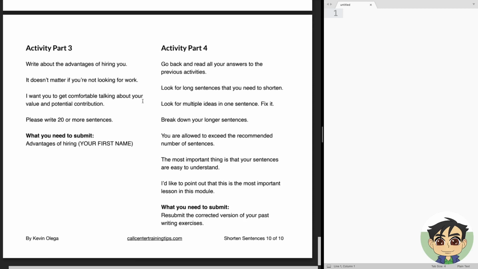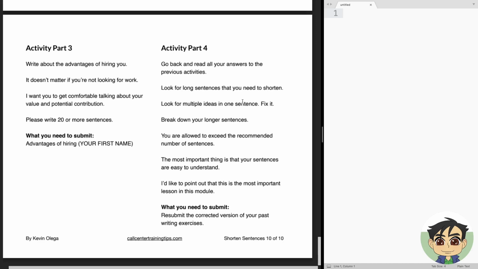And then part four, what's part four? Go back and read all your answers in all the previous activities. Look for the long sentences that you need to shorten. Look for multiple ideas in one sentence. Fix your sentences, because everything that I ask you to write from activity one up to this activity is going to be used in conversations, interviews, and when you talk to people in general.